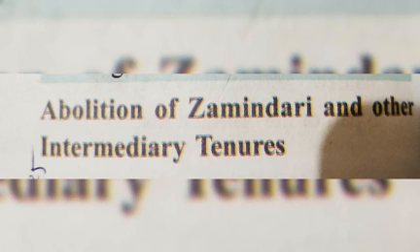Coming to the second point: the lands of zamindars which were cultivated by recognized tenants were taken over by the government, and the tenants were declared the owners of the land.